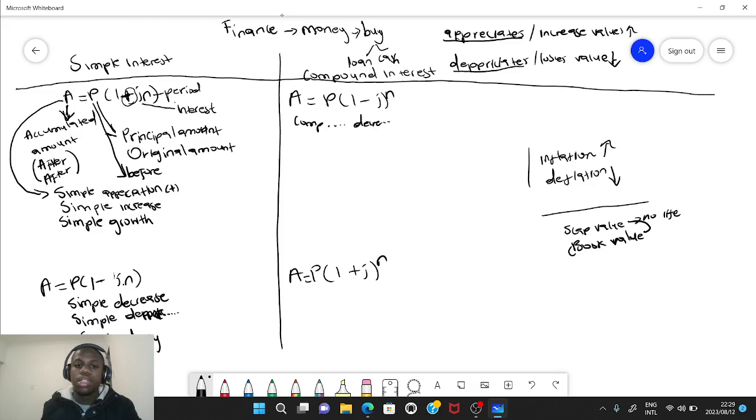The same thing applies the other way: instead of appreciation, it will be depreciation, and I will have another word, which is compound. Instead of growth, I will have decay, because I have a negative sign.